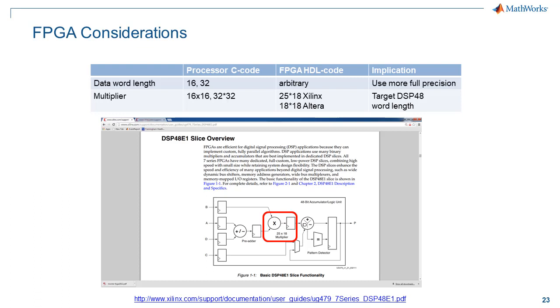And that has the implication, which is going back to what we had done in the theory part of this talk, is that you can use full precision a lot more for the intermediate values. So in the C code, you really have to be at 16, 16, 32, 32 on the multiplies. On the FPGA, you want to make sure you're fitting within 25 by 18 bit word lengths on Xilinx and 18 by 18 bit word lengths on Altera. So those are some of the things that are driving our decision making in this process.